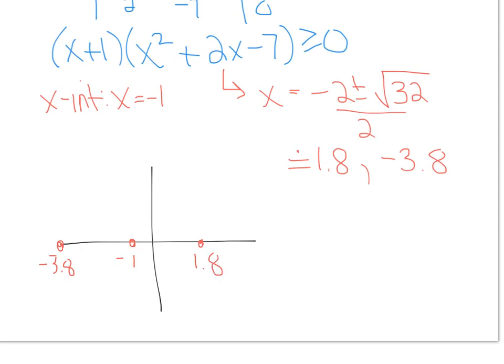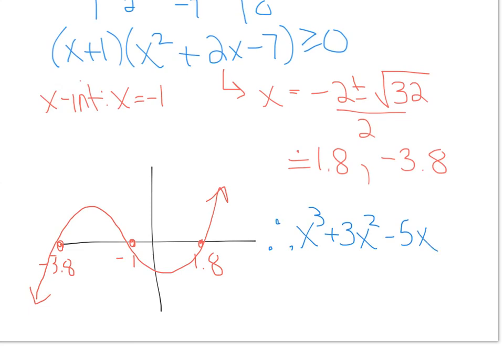Again, this was a cubic polynomial with a positive leading coefficient, so it would look something like this. And so our therefore statement: x cubed plus 3x squared minus 5x minus 7 is greater than or equal to 0 when?